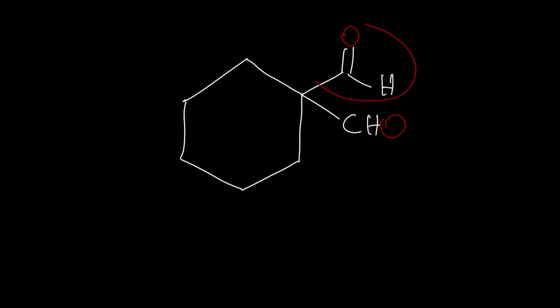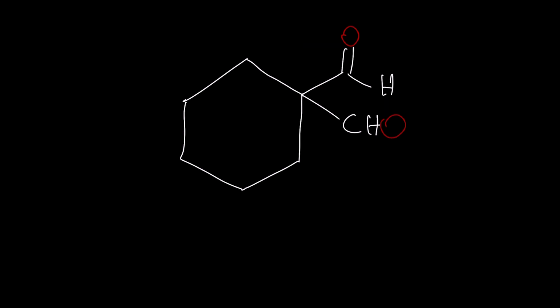So now for our last aldehyde, let's say that we had a cyclohexane ring, and then we had an aldehyde attached to it, and let's say we had another aldehyde. Now CHO is the same thing as this.